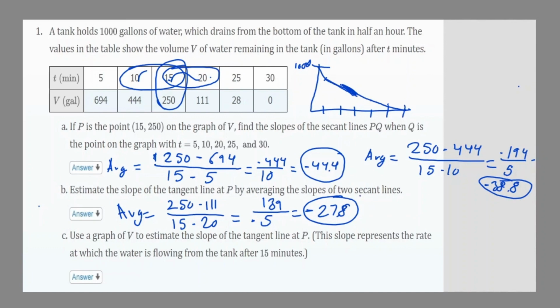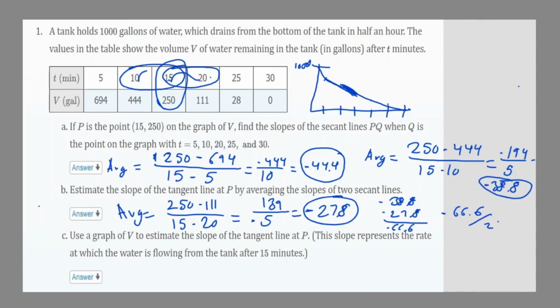And now what we do is we average the slopes together. So let's put together 38.8 and 27.8. If we add that together, that would give us negative 66.6. And now we just have to divide that by 2 since we're finding the average.